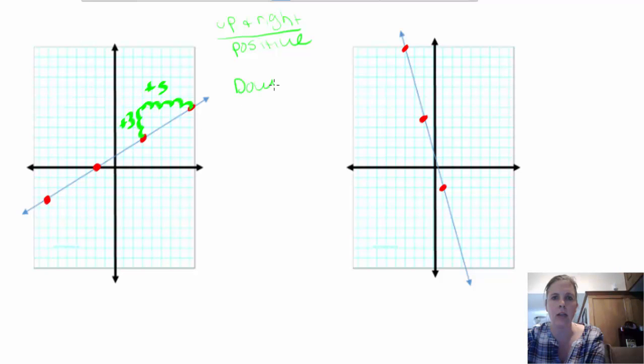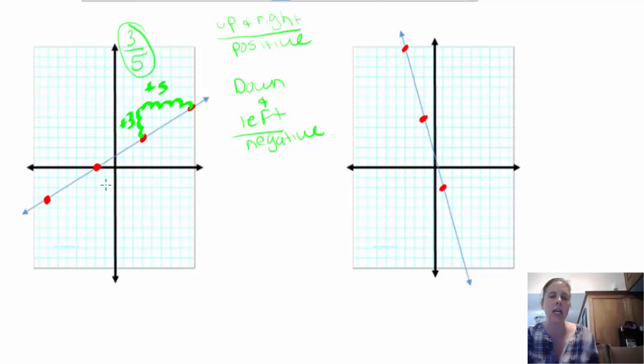Down and left are negative. Remember it needs to be rise over run. So the slope for this answer would be 3/5. That's it. Now some of you are saying, what if I use a different point? That is fine, as long as the 2 points cross evenly, which on your paper they will.